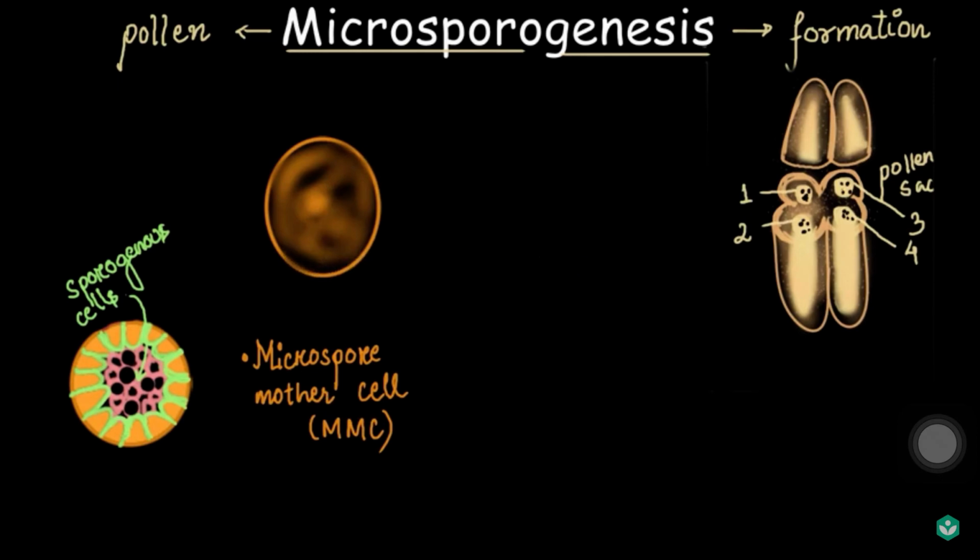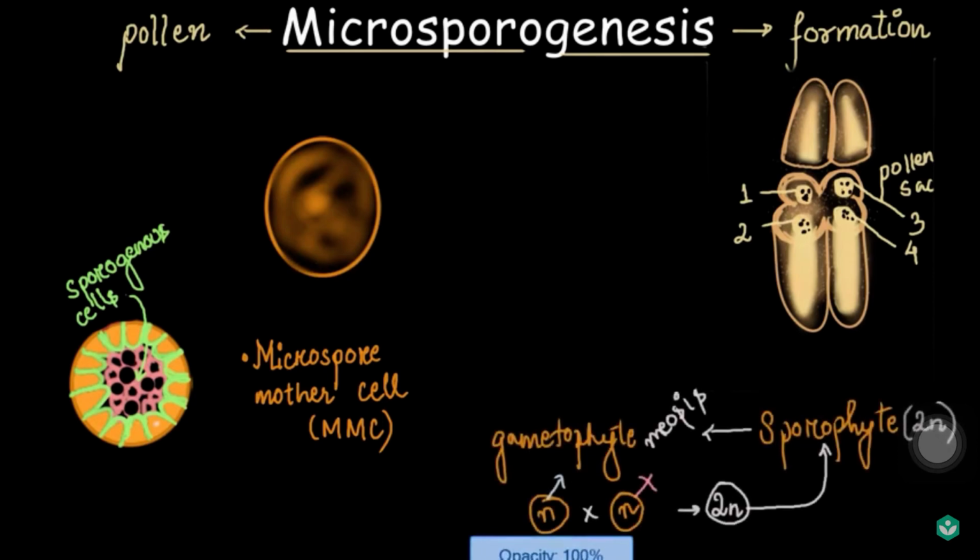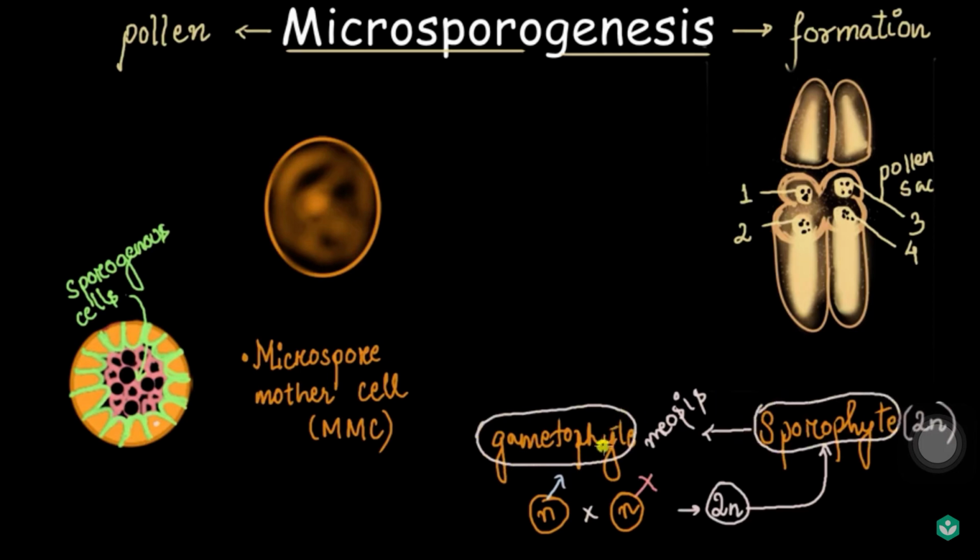Okay, now before we proceed and look into what happens to this microspore mother cell, let me tell you something which is common for all plants on earth. A plant can either be in the gametophytic stage or it can be in the sporophytic stage. And the gametophyte, or we can say gametes, are either male gametes and the female gametes. So in order to form gametes, you may probably know already that the gametes have half the number of chromosomes, or we call them haploid.